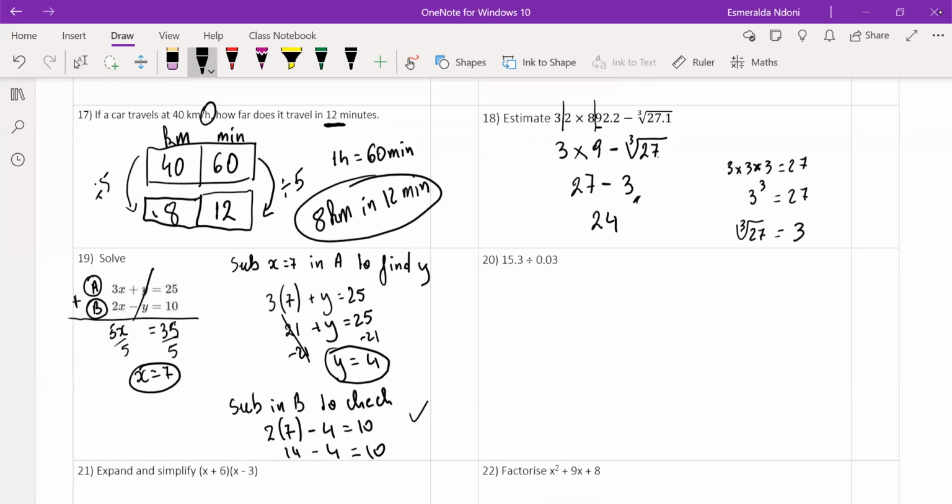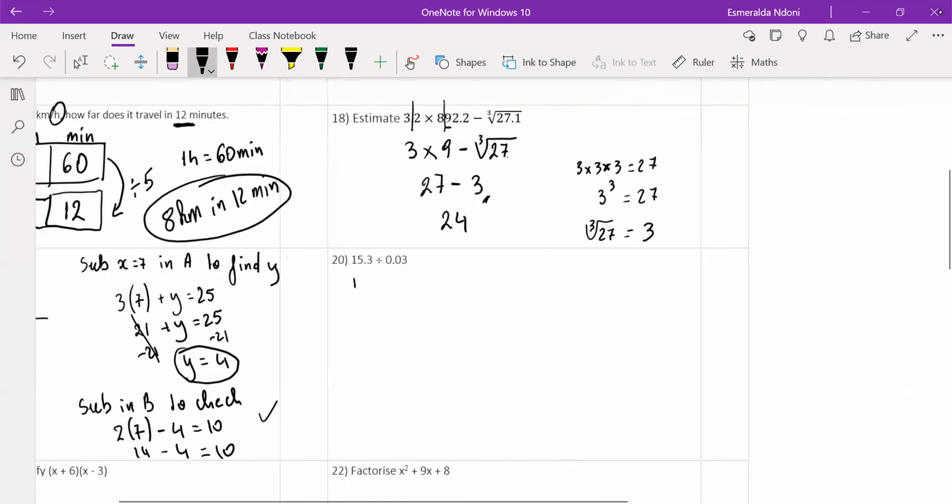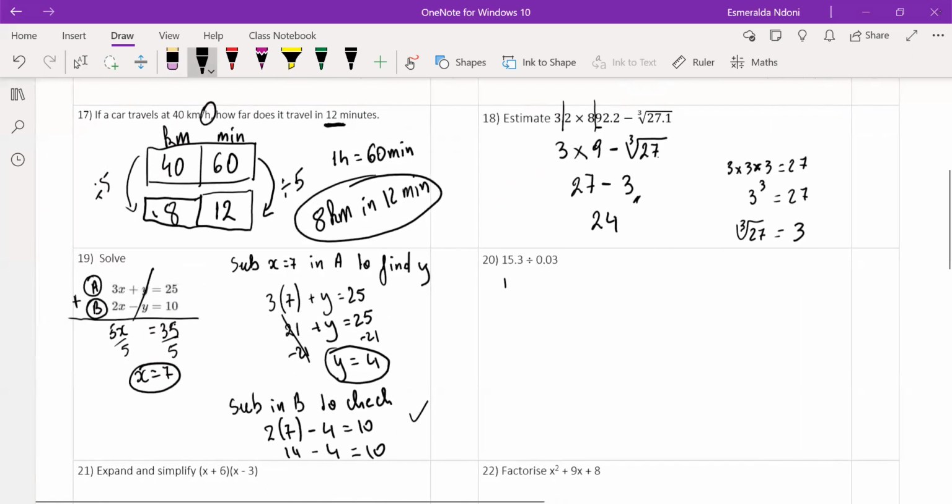I have a division by a decimal, but we know that division by a decimal does not exist. So we will need to use equivalent fractions to make this calculation possible. Let's do just that. We write this sum as a division, as a fraction, sorry, because we know that division means fraction. And now our aim is to turn our denominator into an integer.